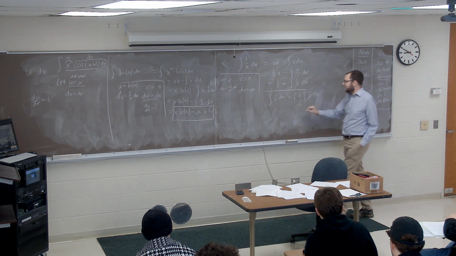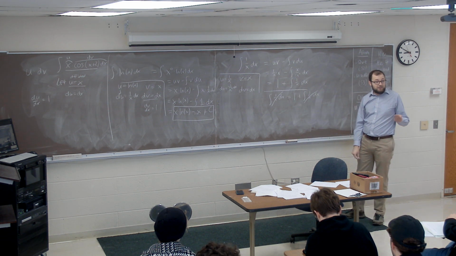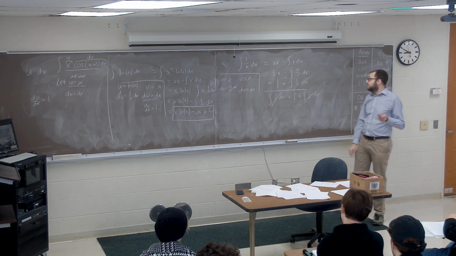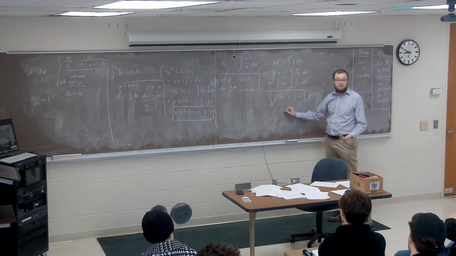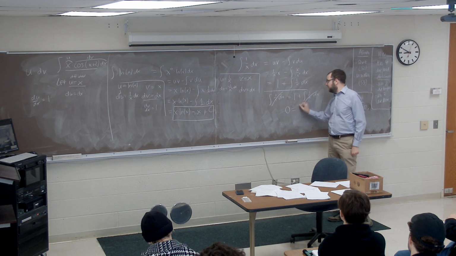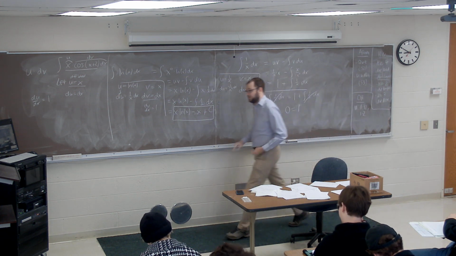Well, I'm going to cancel out this expression from both sides, and what we're ultimately left with is that the integral of 1 over x dx is the fact that 0 equals 1. Have a good weekend, everybody. I'll see you all on Monday.